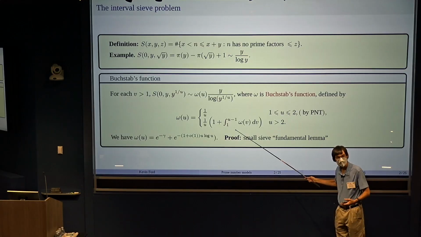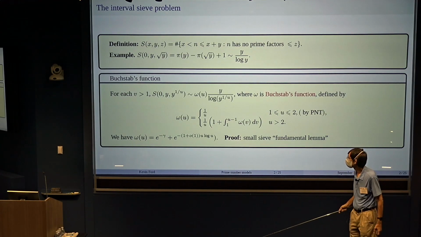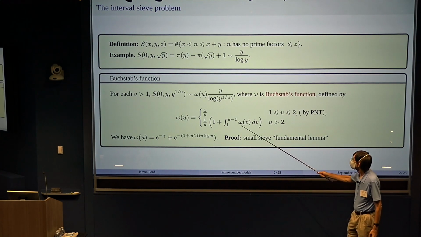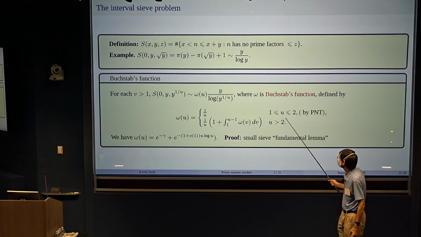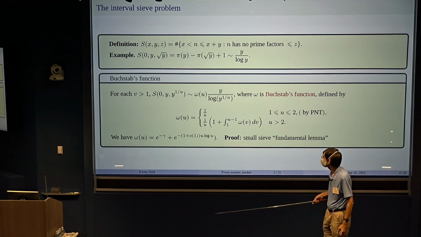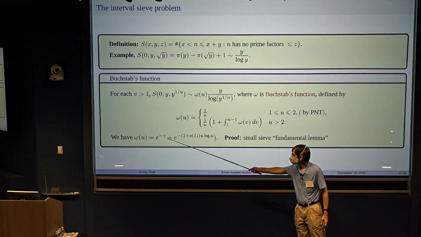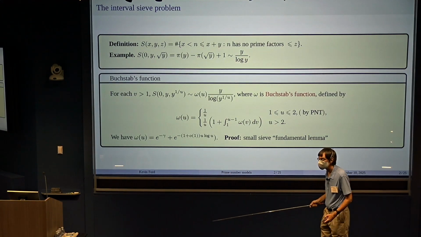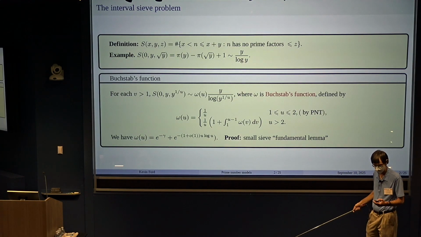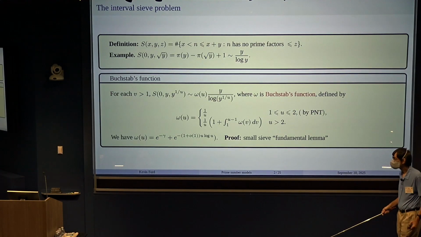This is actually a special case of some of the equations that Andrew was talking about earlier this morning. It's 1 over u between 1 and 2 by the prime number theorem, and then it has this delay equation formula. As u goes to infinity, it approaches e to the minus gamma very quickly. And this can be proved, for example, using the so-called fundamental lemma from the sieve.